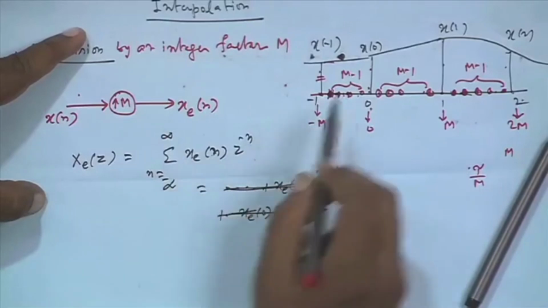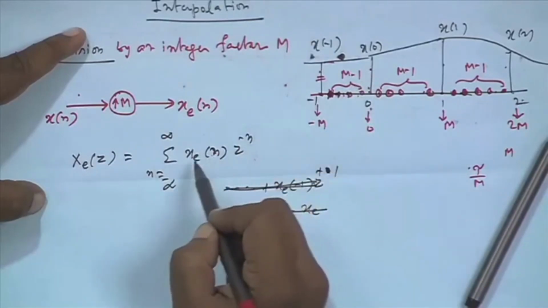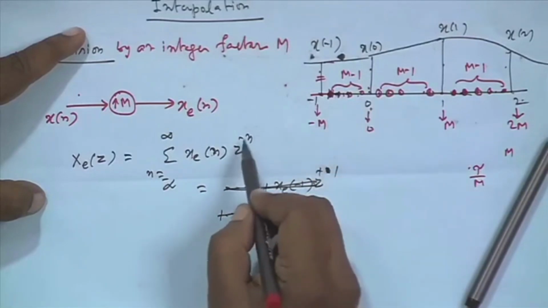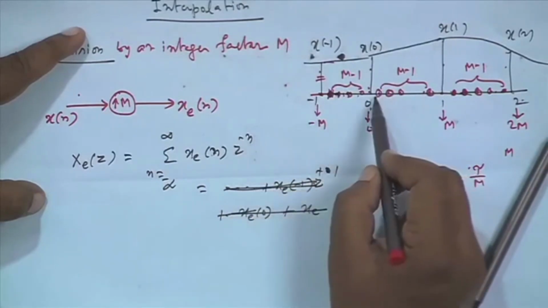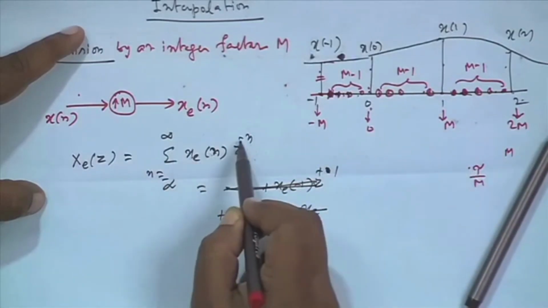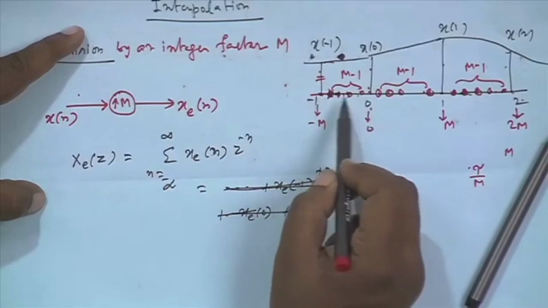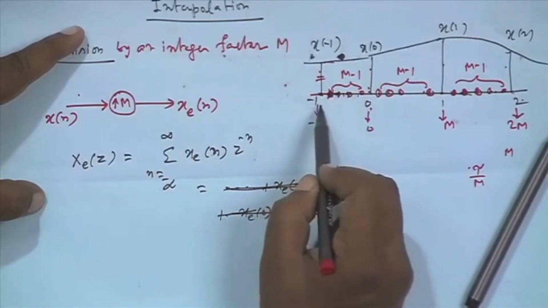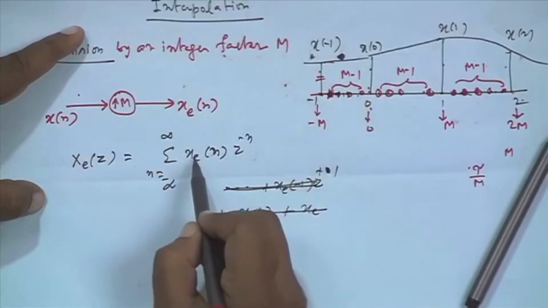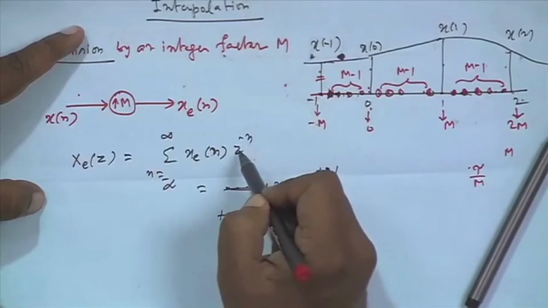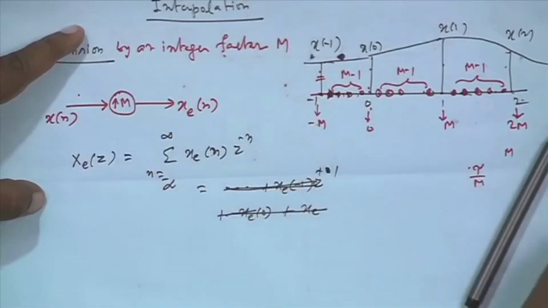Straight I go to x_e[m], so n equal to m, x_e[m] z to the power minus m. Then again the next m minus 1 terms I ignore. I go to x_e[2m], z to the power minus 2m. On the left hand side, I ignore minus 1, minus 2 up to this, and then go straight to x_e[minus m], z to the power plus m, and so on.